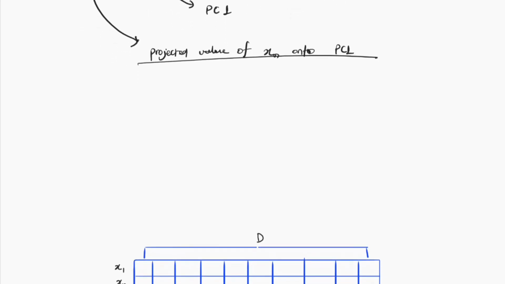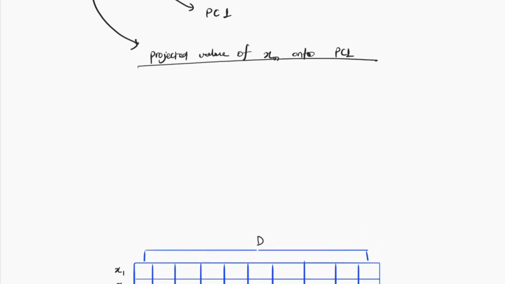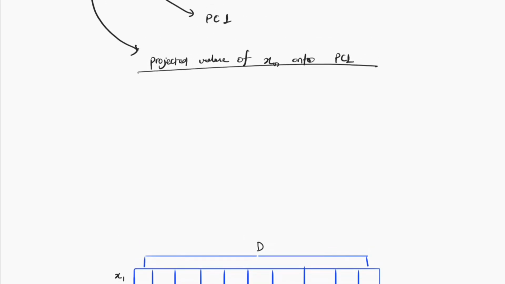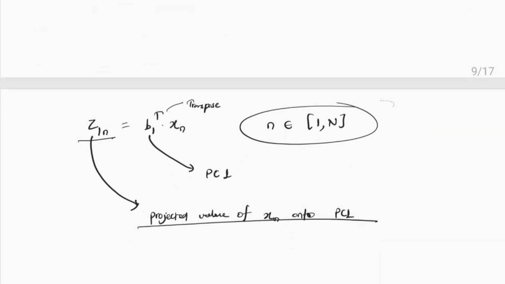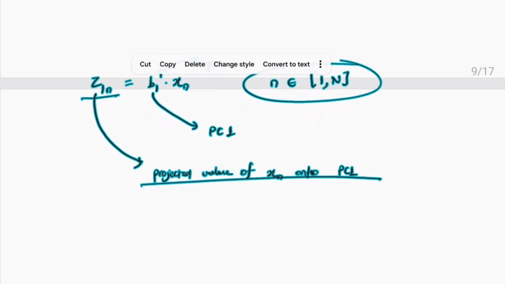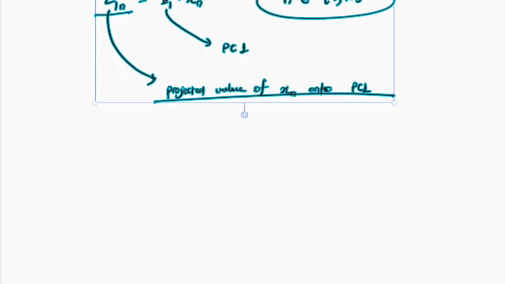Now what will be the variance of the projected data points? Let us write that. First let us see what variance is, then we will project the data onto the new axis. We will move this up. Now let us try to see what variance is.